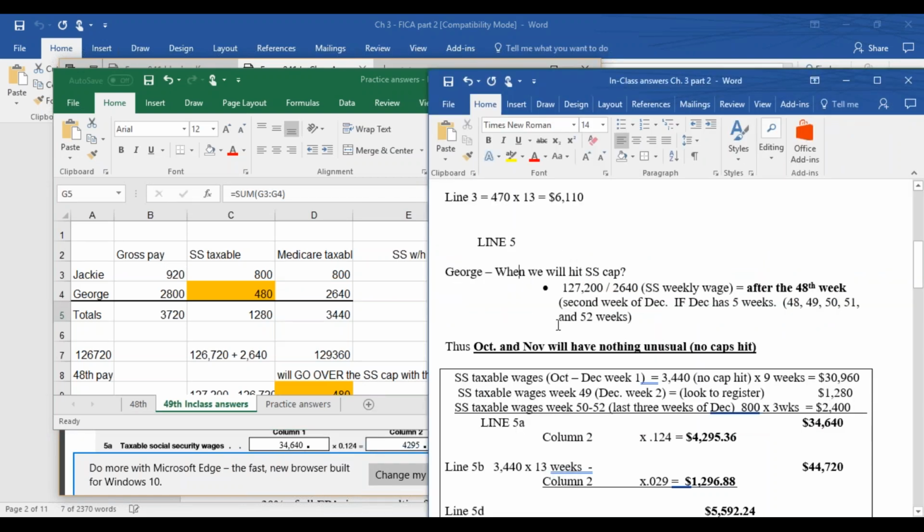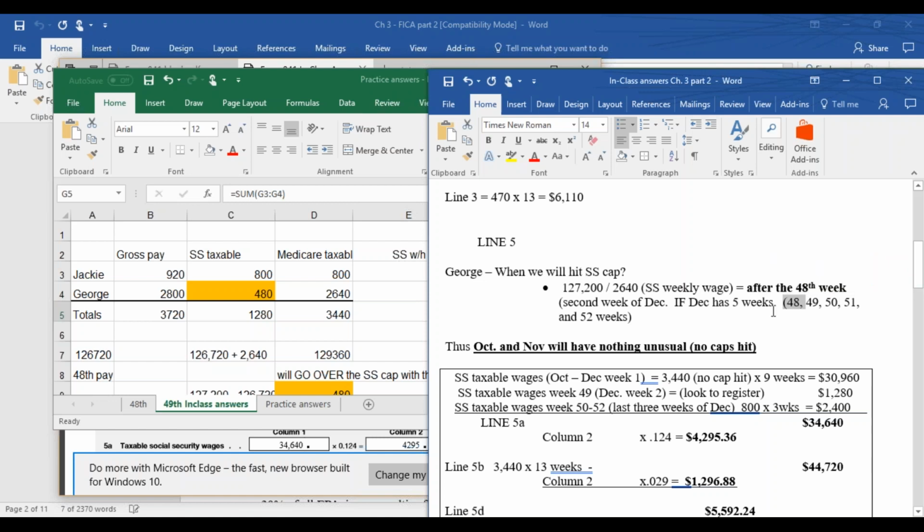We could have done some division and did 127.2 because that's the cap, spread that out over the amount of pay that he's taxable on for Medicare. And it's just over 48. So that means after the 48th week, we are going to hit the cap. Now, if you're adding these up in your head, if December has the 5 weeks, so if we need to count back, if there's 52 weeks in a whole year, December would have the last 5, so 52 all the way back to 48.